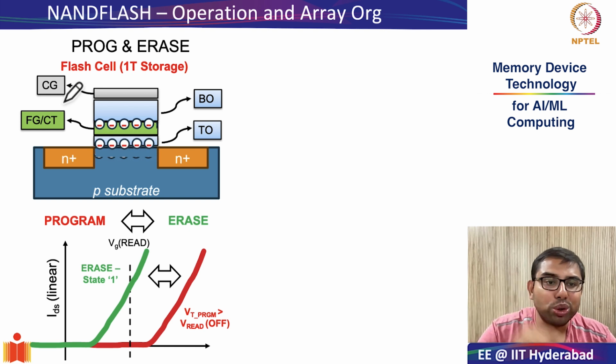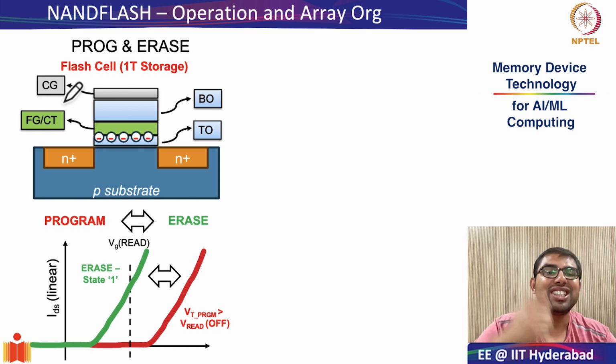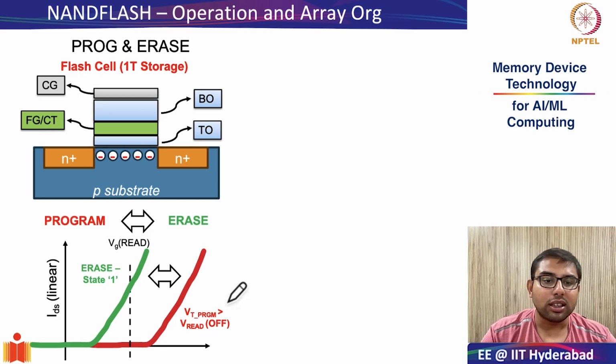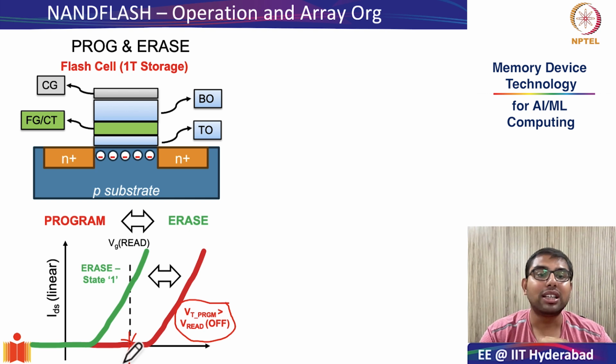And by introducing and removing charges from the channel into the floating gate, you were able to tune the threshold voltage of the transistor. So, when there were charges trapped inside the charge storage layer, the threshold voltage of the transistor was more than the read reference voltage, and therefore the transistor was off, and therefore program was called state 0.